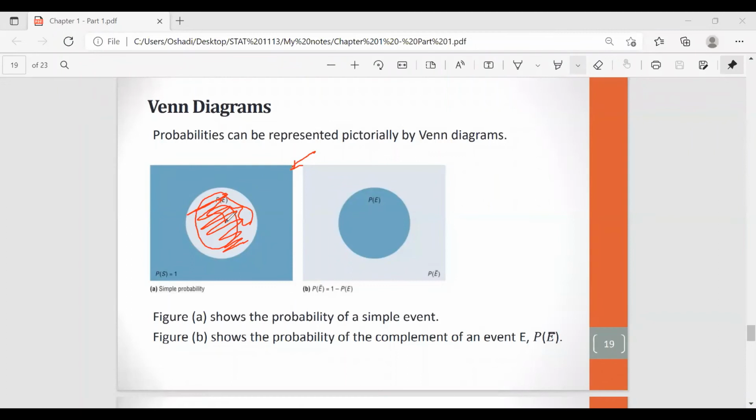Its probability of E. And the complement is the other part, okay? So figure A shows the probability of a simple event and figure B shows the probability of the complement of that event.